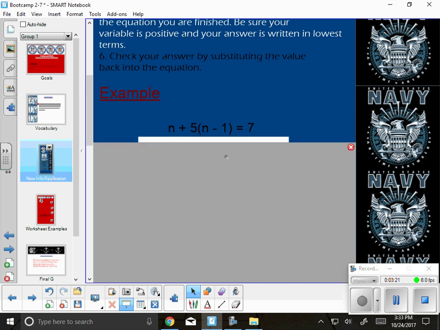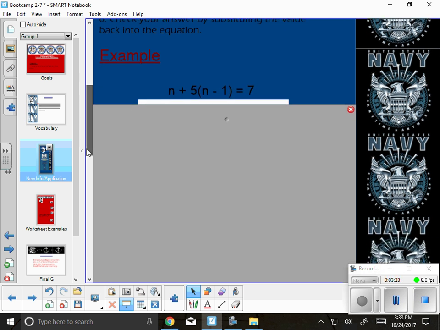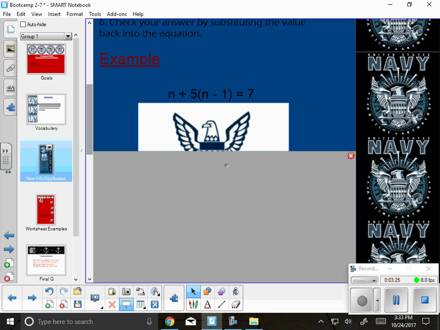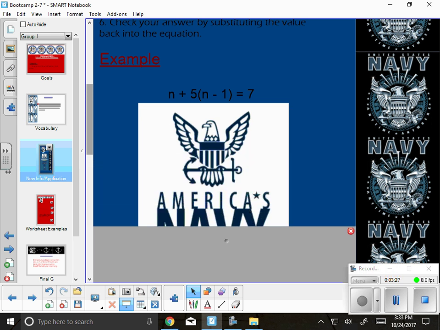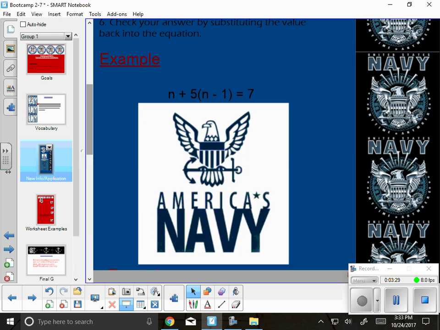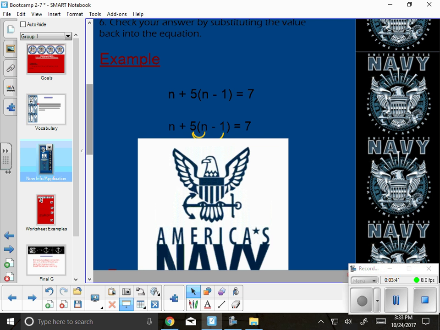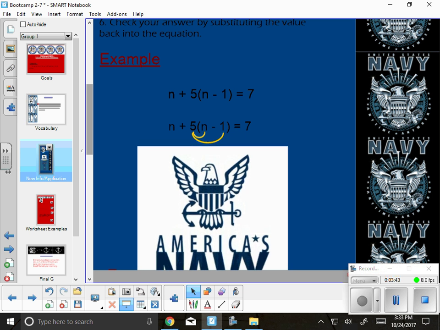The example for this level that we're going to do is n plus 5 times, in parentheses, n minus 1 equals 7. To start solving it, we're going to have to start by doing the distributive property. In order to do that, we're going to multiply 5 by n and -1.